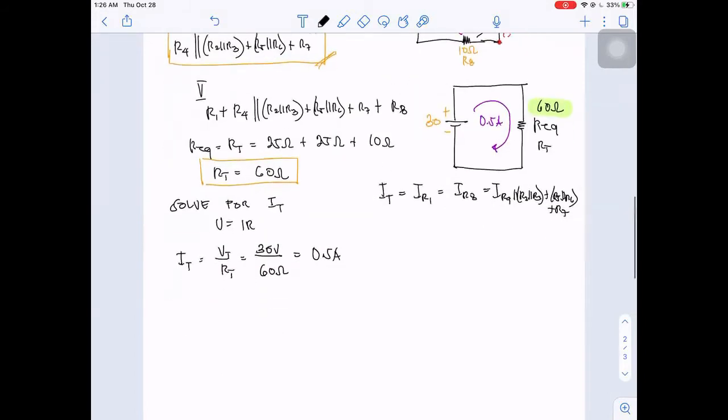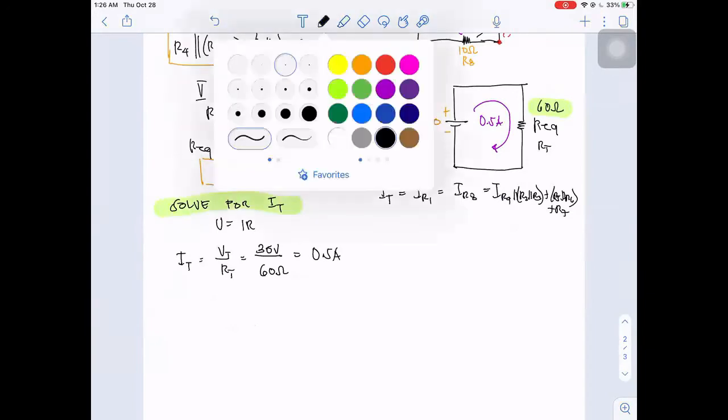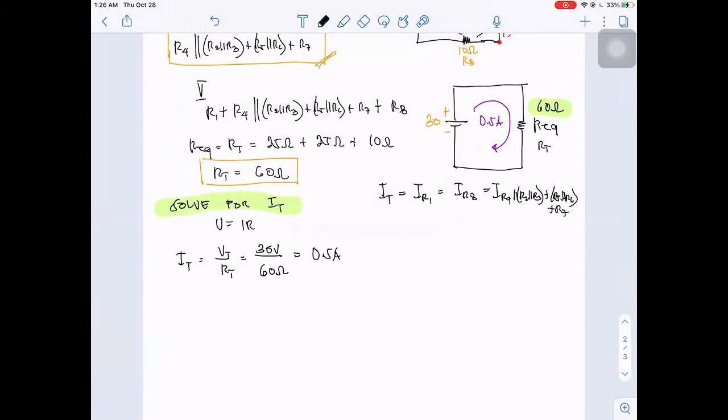Therefore, we can now solve for the voltage drop across these three resistors.